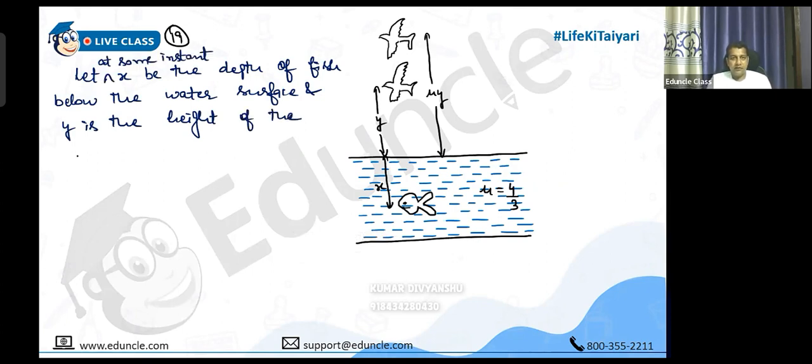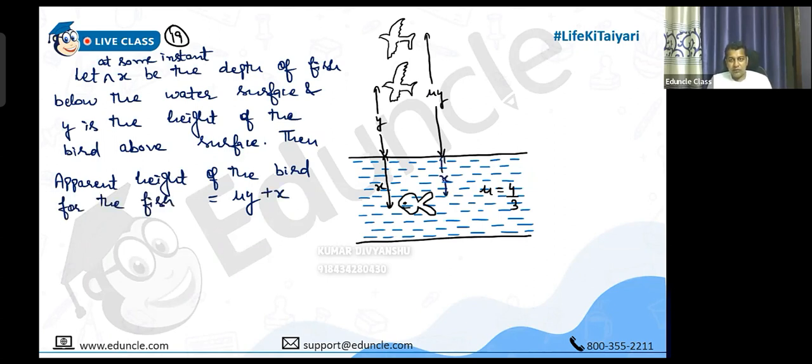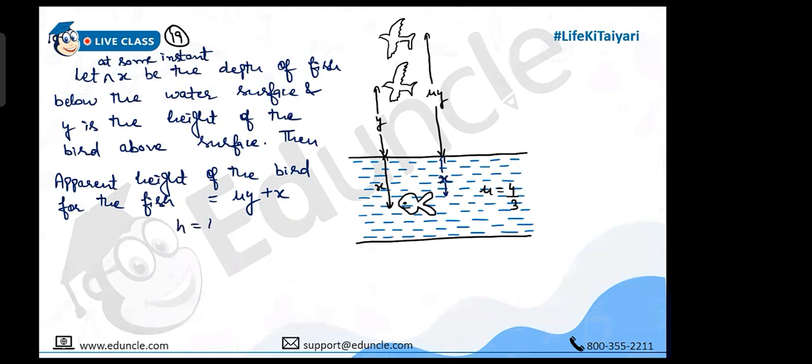Then the apparent height of the bird will be mu y. This will be the height of the bird that will appear to the fish. This is outside, no? Apparent height of the bird for the fish. So it will be mu y plus x, because the fish is below the water surface. So for the fish, the bird is actually at a height of x plus mu y. Okay, let us take this to be h.